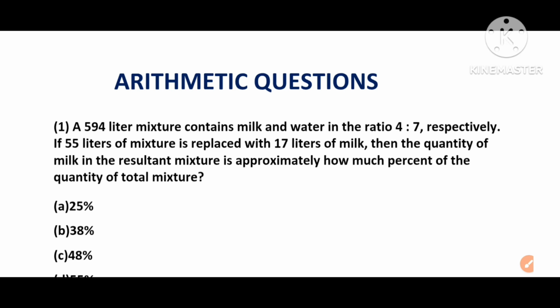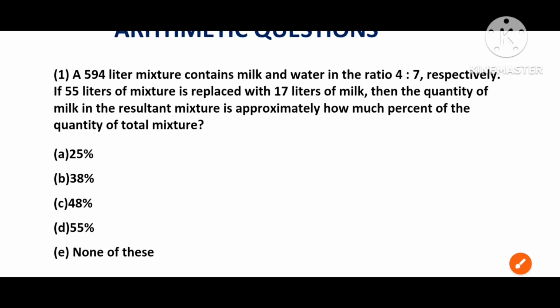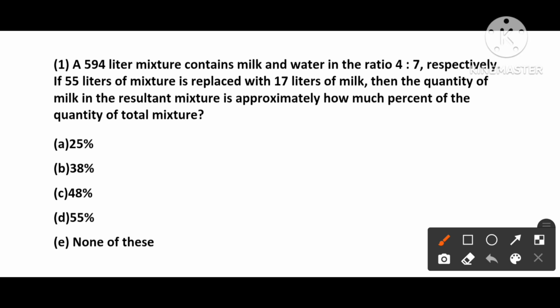Now we are going to see arithmetic questions. First question. A 594 liters of mixture contains milk and water in 4:7 ratio, respectively. If 55 liters of mixture is replaced with 70 liters of milk. Okay. So if we subtract 55 from 594, we get 539. So 539 is in the ratio of 4:7 of milk and water.